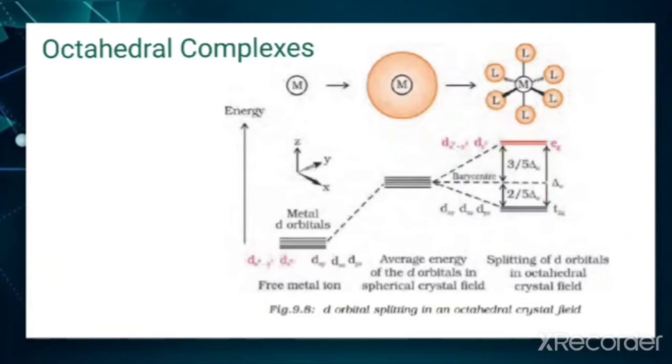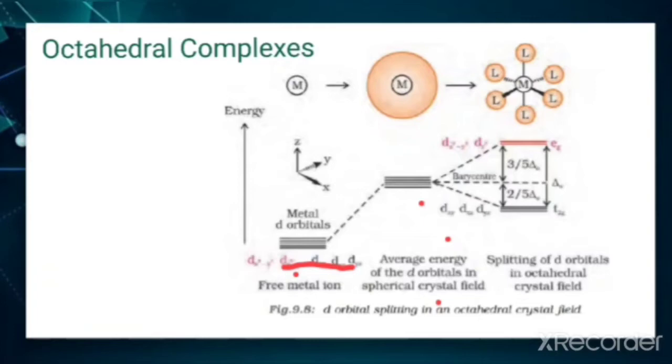So what we can say is that in the central metal ion, the d orbitals, that is the 5 d orbitals, are in the degenerate state. That means all of these have the same energy. But due to the influence of the ligand, their energy will be slightly lifted up. That is the average energy of d orbitals in the spherical crystal field.